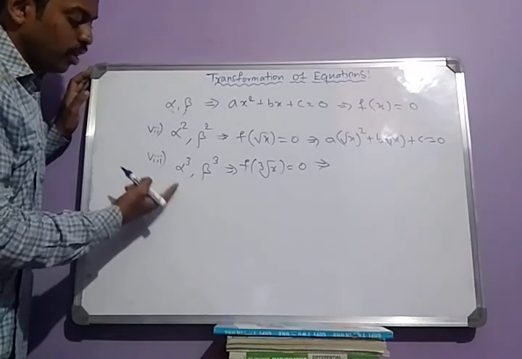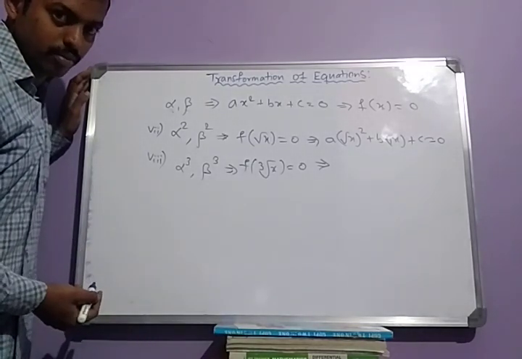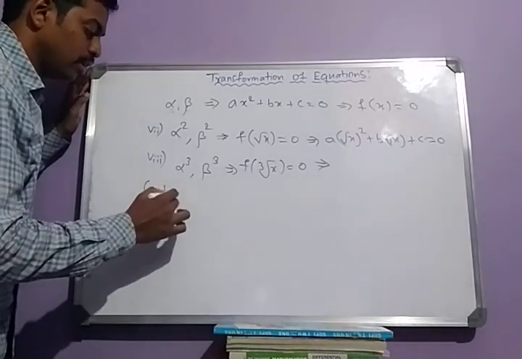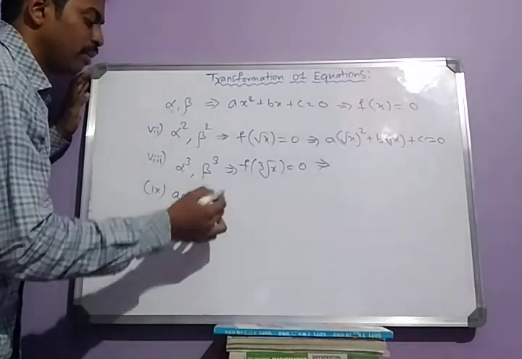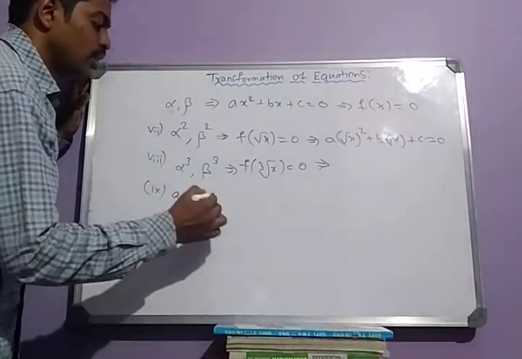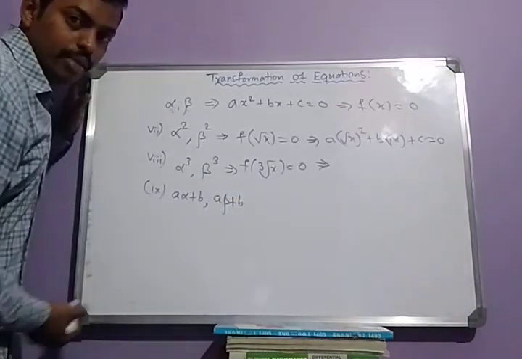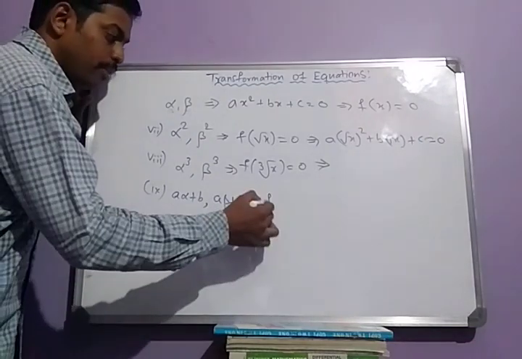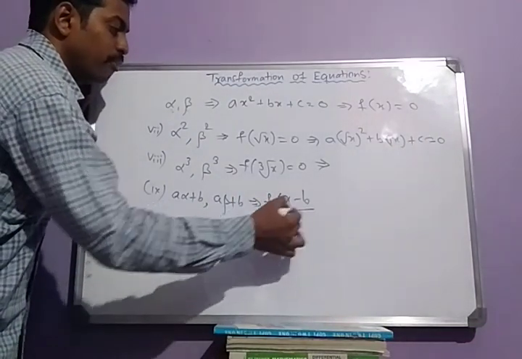Similarly, you can extend this for alpha power n and beta power n. And next, what if alpha becomes a alpha plus b and beta becomes a beta plus b. Then what happens to f of x is equal to 0? It becomes f of x minus b by a.